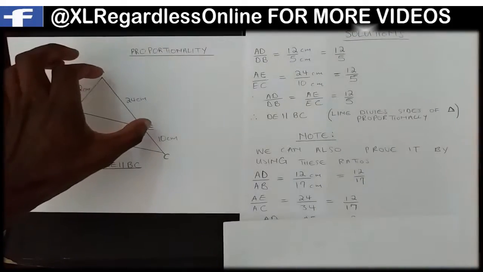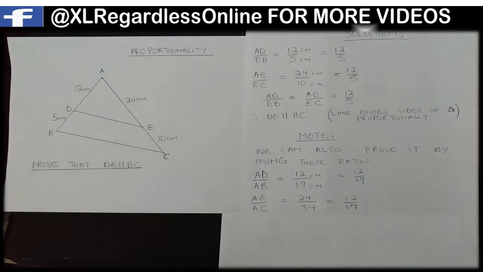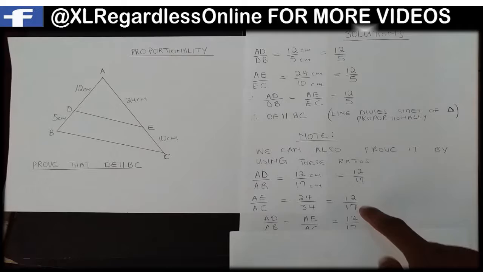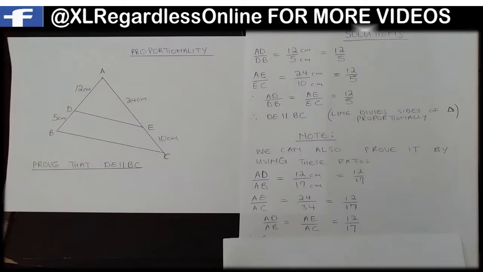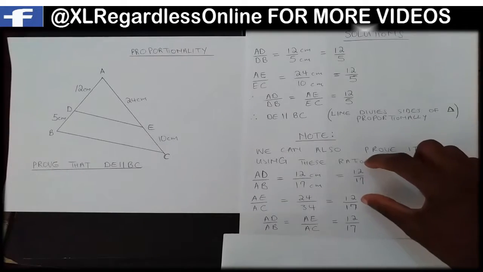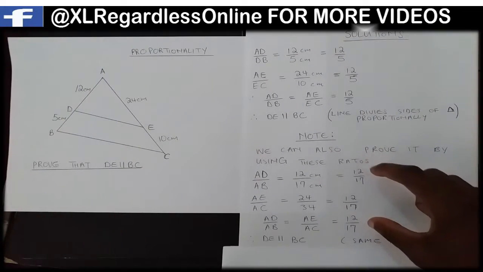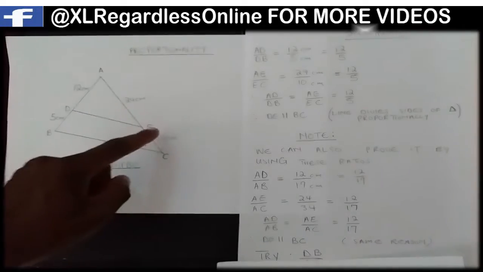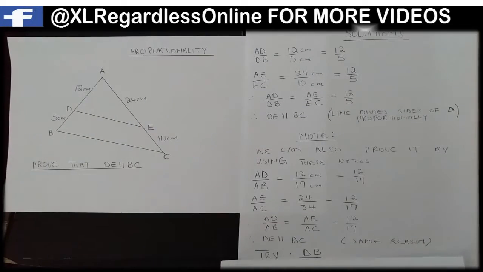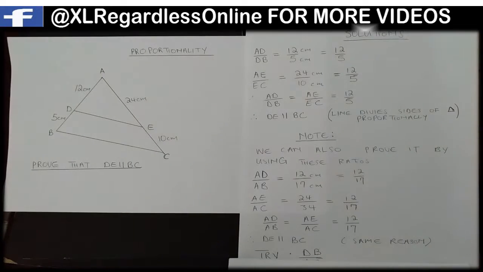We have 24 all over 34, which gives us 12 over 17, right? And when we check these two ratios, they are equal. So we can conclude that line DE is parallel to BC, and we are going to use the very same reason, a line divides the sides of a triangle proportionally, right?